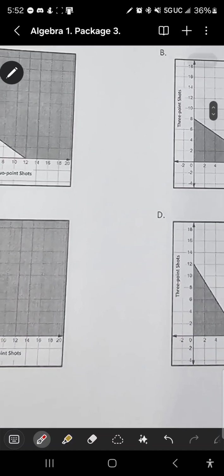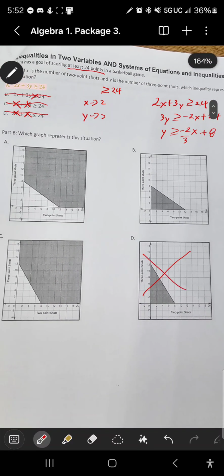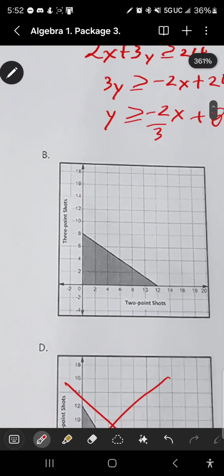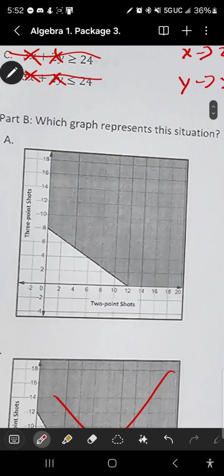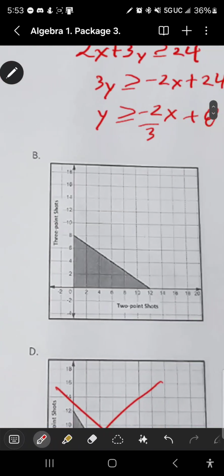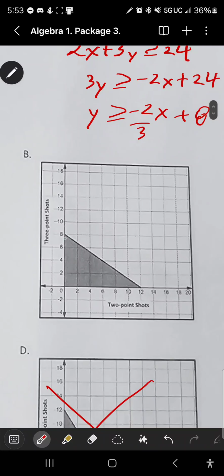First, I'm going to say that the y-intercept is 8, so this is not my answer and this is not my answer. We're looking for a y-intercept of 8. And now I say that it needs to be greater than or equal. As you can see, the slope is indeed negative 2 over 3 in both cases.